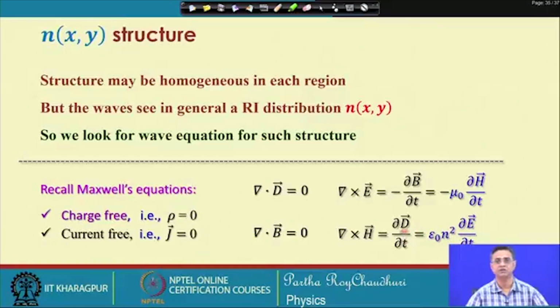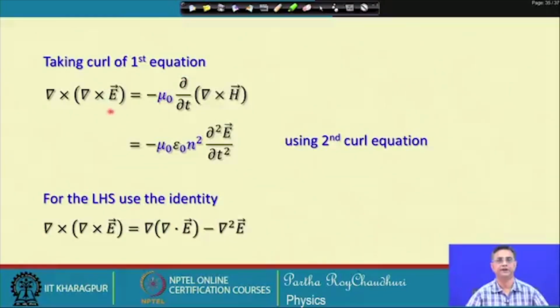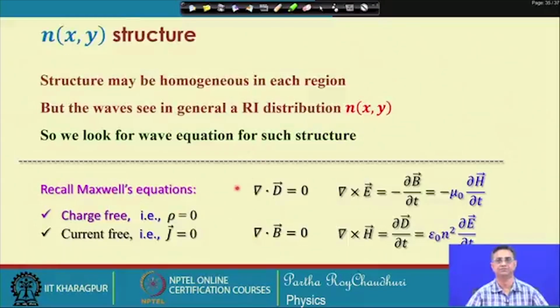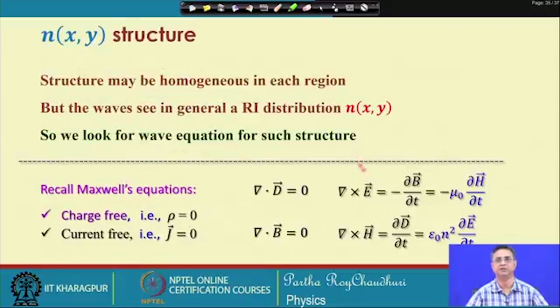So, this is how we start with the 4 Maxwell's equations, and if you take the curl of the first equation, that is del cross E, you can write this curl of E as equal to minus mu naught del t of del cross H. But this del cross H is again given by the second curl equation, which is epsilon n square del E del t.